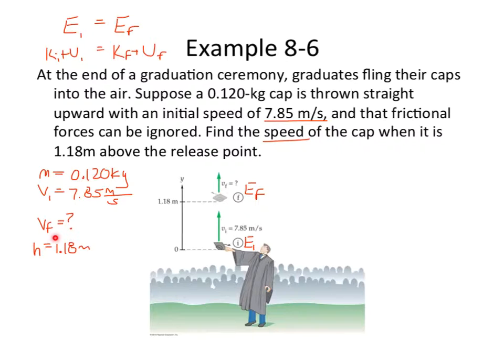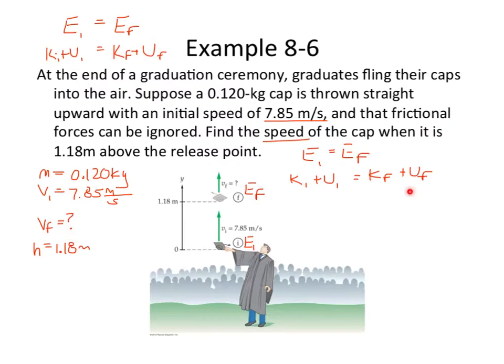So energy initial is going to be equal to energy final because we're assuming there's no loss of energy. No energy has been wasted. So we can say kinetic energy initial plus potential energy initial equals kinetic energy final plus potential energy final. As one goes up, the other goes down over the course of that change, and vice versa.